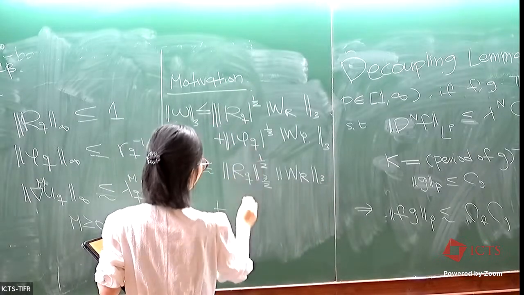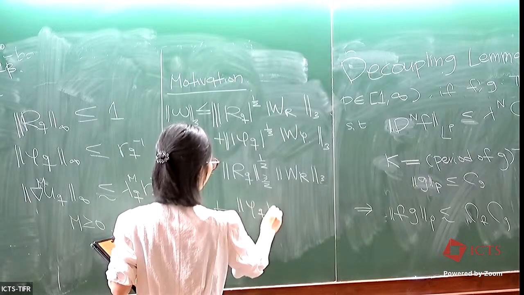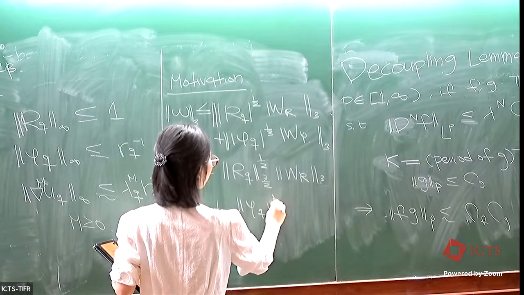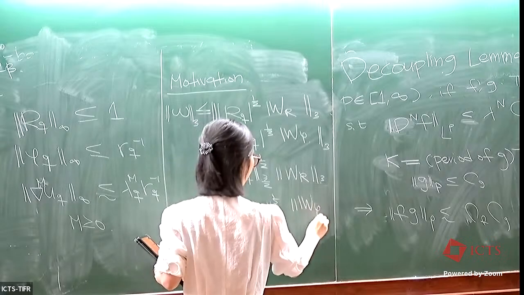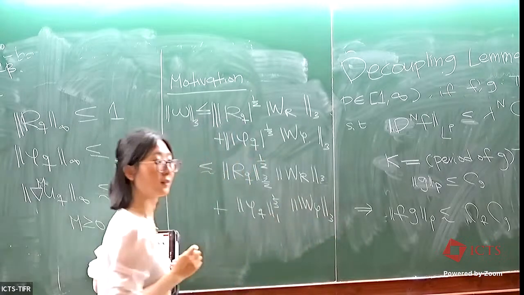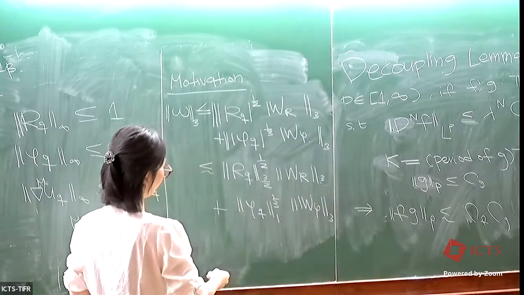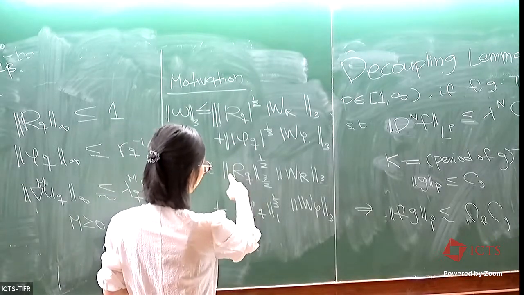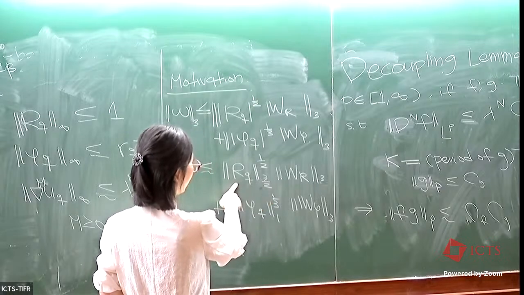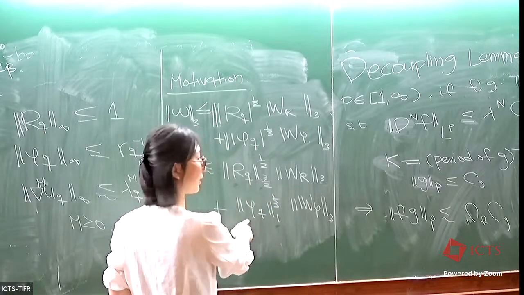And then this one, we need L1 norm information. So we inductively propagate the estimate, L3 estimate of RQ and L1 norm estimate of phi.